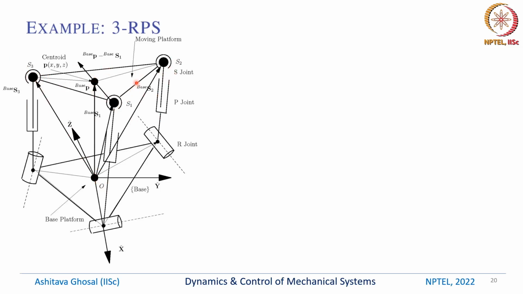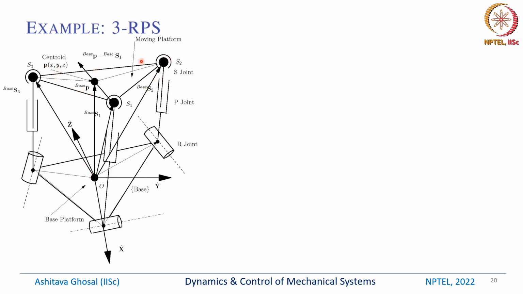We also have a moving platform, so hence we have chosen a point which is the centroid of this moving platform. The moving platform has been chosen to be a triangle, and in particular an equilateral triangle for simplicity, and this point is the centroid, and we will locate this point using a vector base P with coordinates x, y, z.